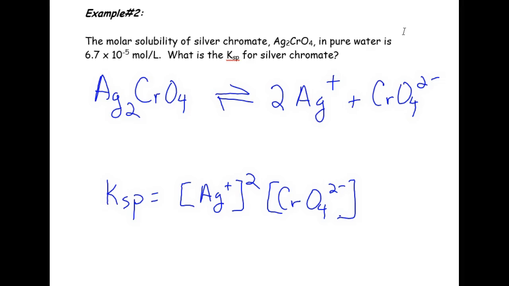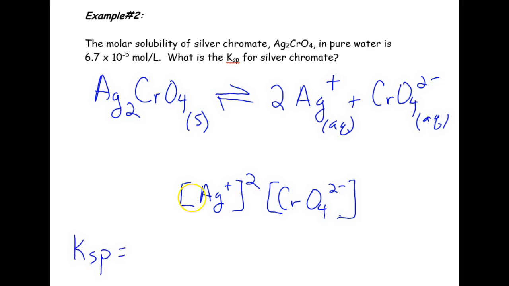Well, remember that we're talking about a solid that's dissociating into ions. And so as a result, the ions are going to be written into the equilibrium law, but the solid is going to be excluded. Okay, so we know that somehow I need to know how much silver ion and how much chromate ion are going to be present in equilibrium if I'm going to find out my Ksp value.